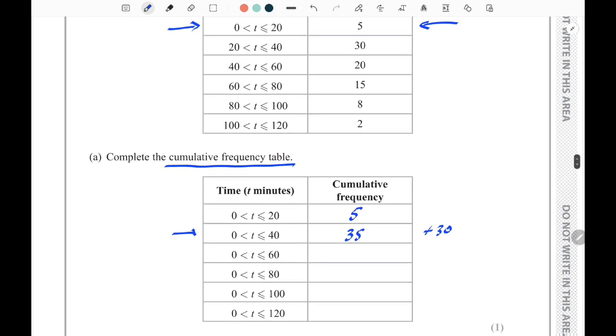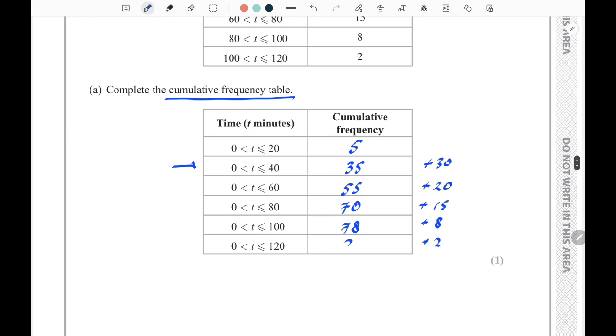In the same vein, you just keep adding on each new category. So that's 55. Then the next one is adding on 15, so that's 70. You're adding on 8 after that, 78. And finally add 2, so you're up to the total of 80.